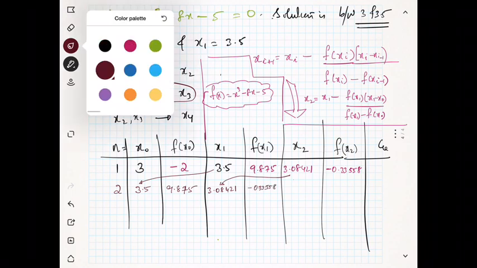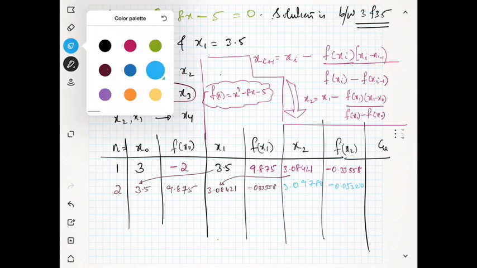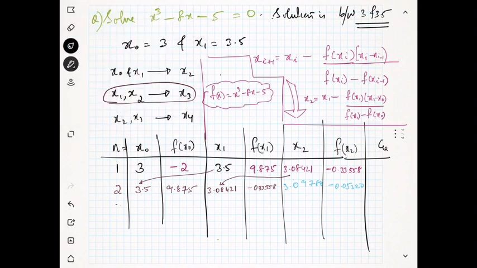Okay, now we will calculate our new value x2 by using above equation, and x2 will be 3.09788. Okay, and f of x2 is minus 0.05320.